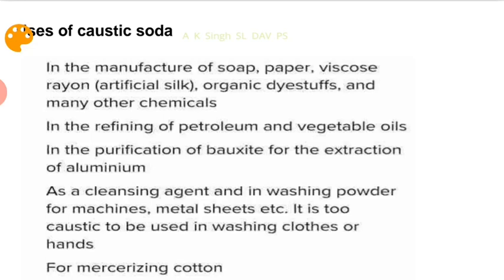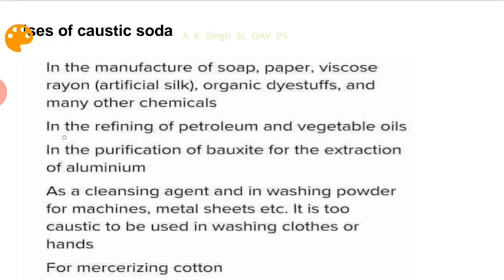Usage of caustic soda, meaning you have to study preparation, properties and usage. Now, usage of caustic soda. It is used in the manufacture of soap, paper, viscose rayon, that is also known as artificial silk, organic dyestuff, and many other chemicals are manufactured here.